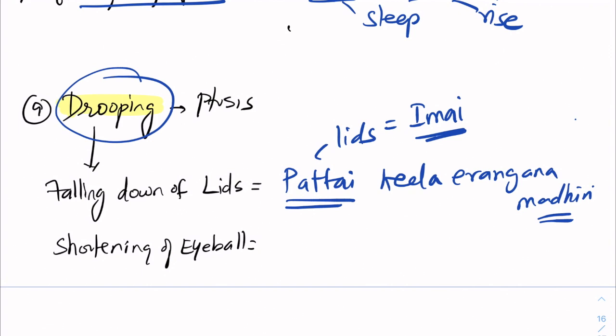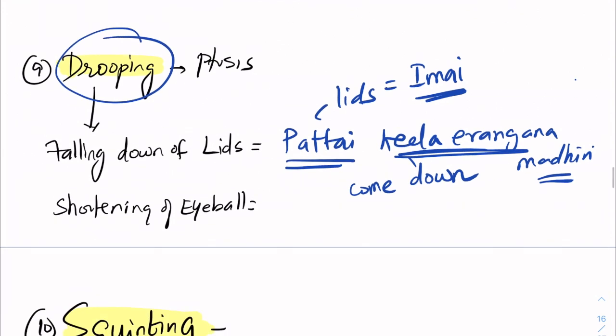Remember another term we used for lids was imai. But imai is a very traditional term for the lids, while pattai is more colloquial. So pattai keela means lids down. Keela irangana means has come down. Pattai keela irangana madiri means have the lids fallen down. Shortening of eyeball. So because of the drooping, there is an apparent shortening of the eyeball, shortening of the palpebral fissure.